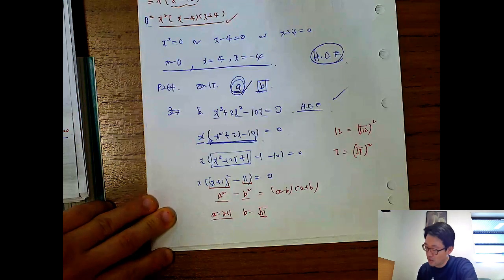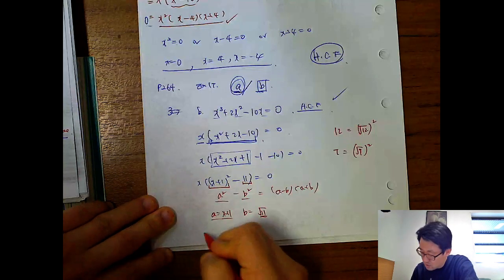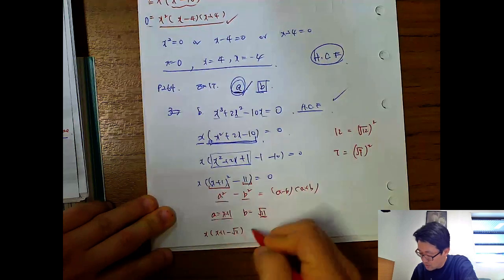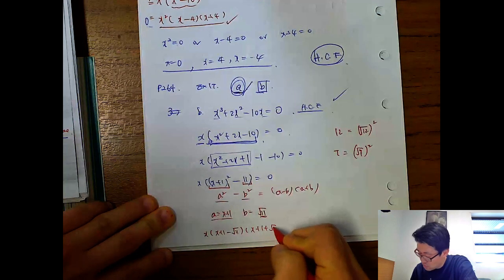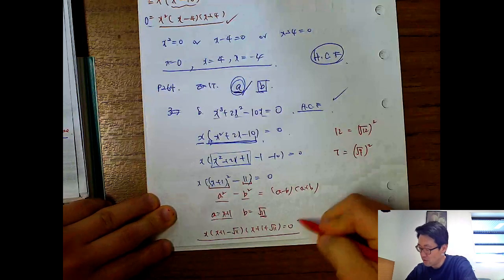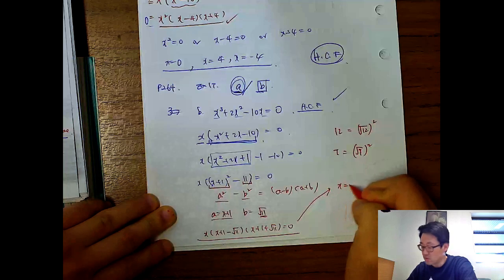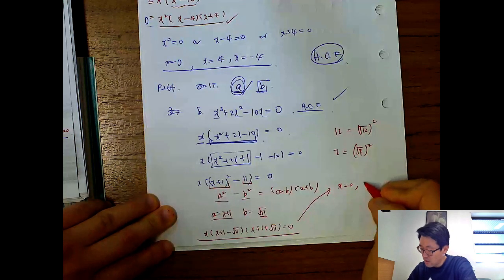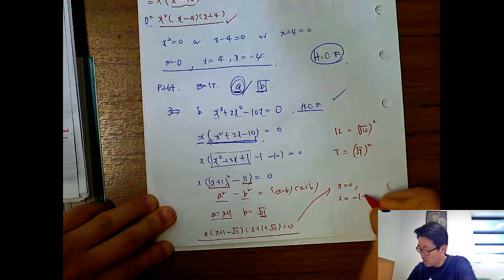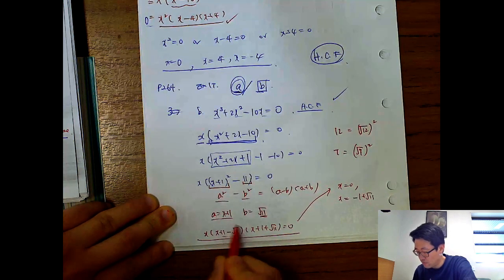So in this case, you should get x plus 1 minus root 11, x plus 1 plus root 11 equals 0. So I'll continue that. That means x equals minus 1 plus root 11 from here.